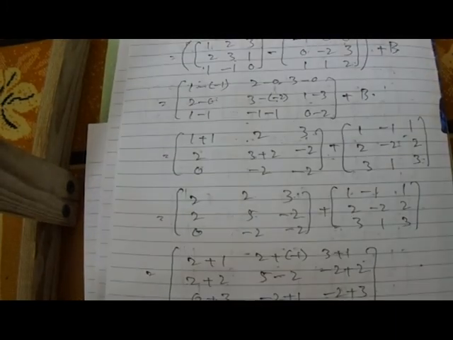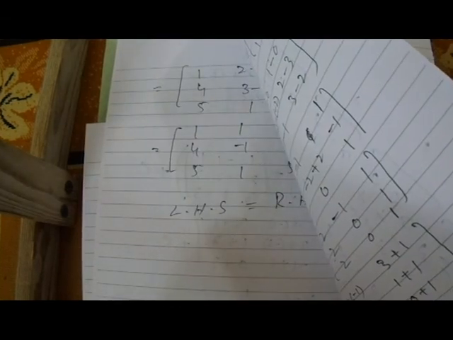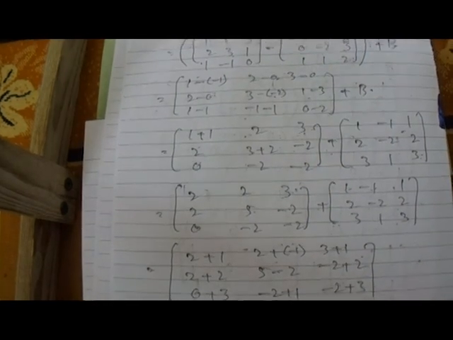Now we compare the result of this: 4 3 4, 1 3 3, 1 4 4, 3 2 4 3 2 and here 3 minus 1 1, 3 minus 1 1.